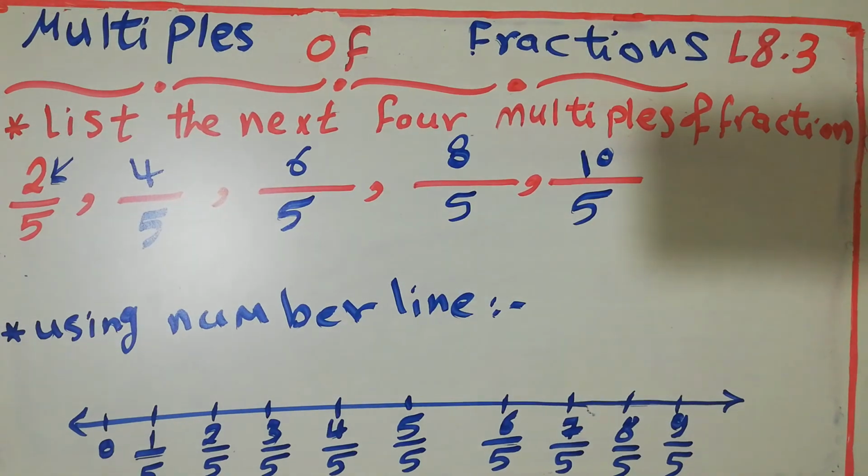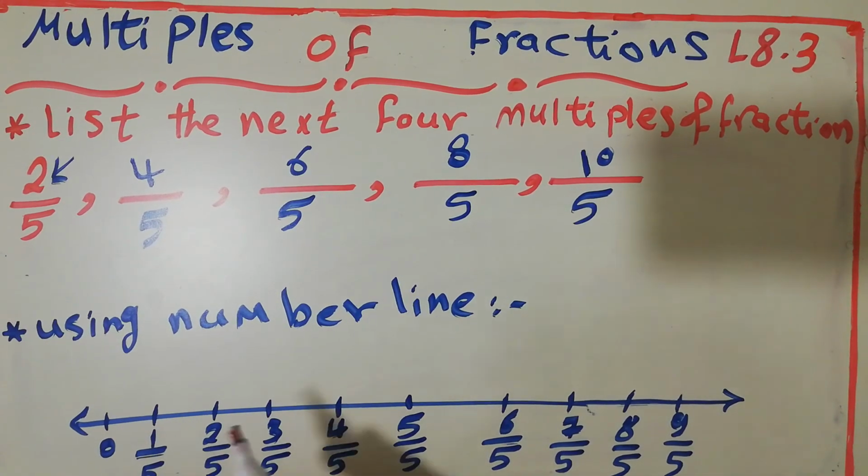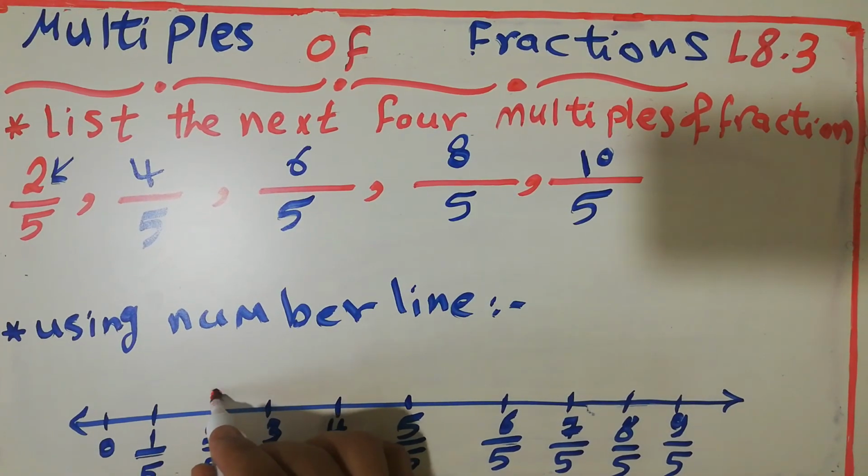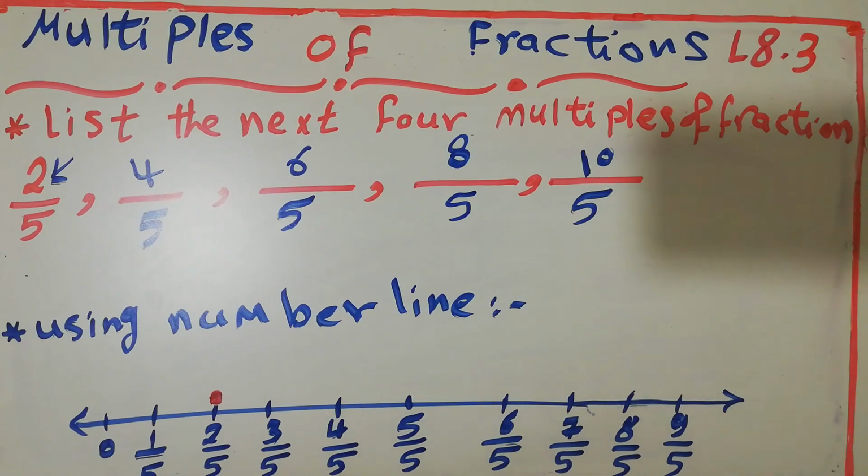It's so easy. Okay, how can we use a number line to find multiples of a number? For example, for our fraction 2/5, how can we find any number of multiples? We start here at 2/5, then we count by 2/5. Between 2/5 and 3/5 we have only 1/5, and from 3/5 to 4/5 we have another 1/5.